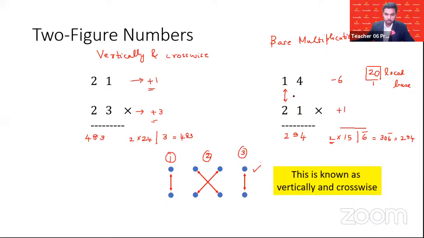To get the tens place, you have to do crosswise, which is 1 times 1 plus 2 times 4. 1 times 1 is 1, 2 times 4 is 8. So the sum is 9. That is the middle number. And then finally, to get the units place, you have to do 4 times 1, which is 4. So I hope the method is clear to you.